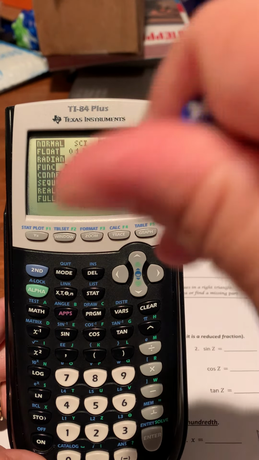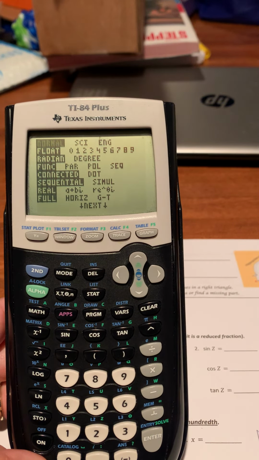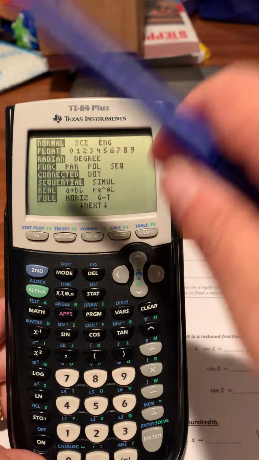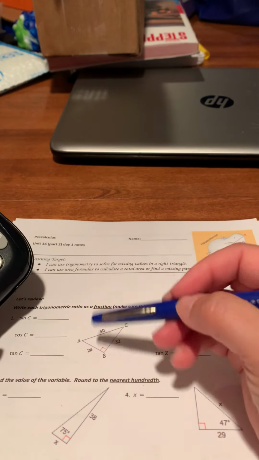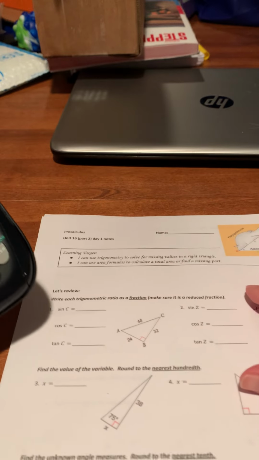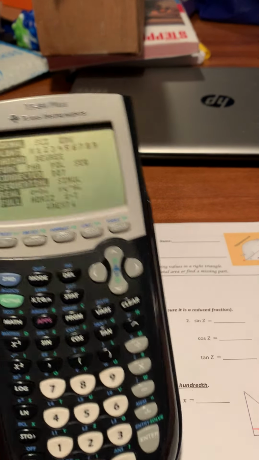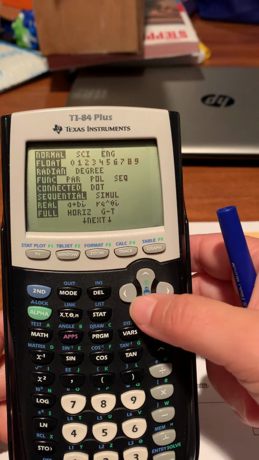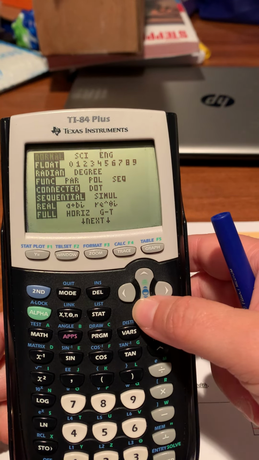You can see that on my calculator, we can do trigonometry in a couple different ways. One is with degrees and one is with radians. When you look at these pictures, you'll see in the corners they have 75 degrees and 47 degrees. We want to be functioning in degree mode with the calculator, otherwise we might get some negative answers and really small stuff.